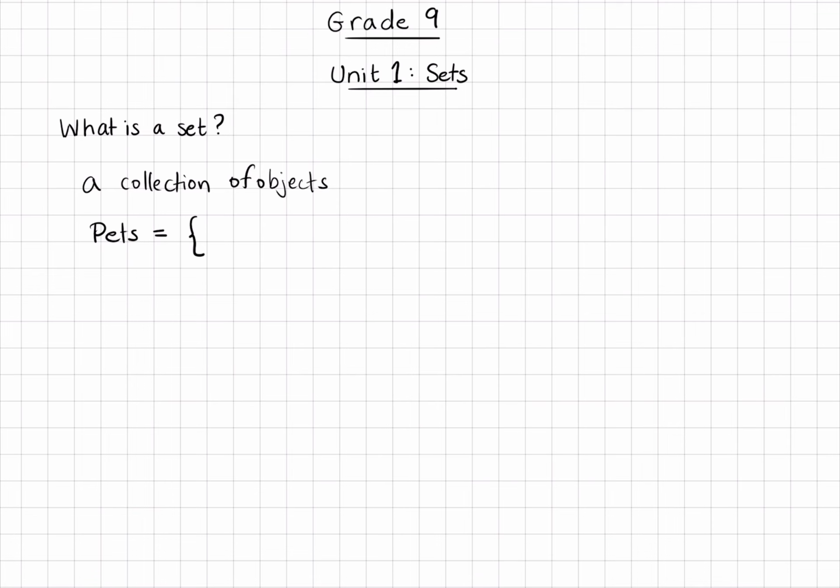So I'll just say dog, cat, fish, and then I'm going to close with another curly bracket, and in this way I am showing on paper what is in my set that I called pets. So basically this is what a set is, a collection of objects.